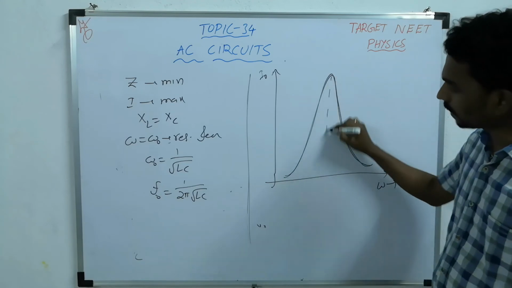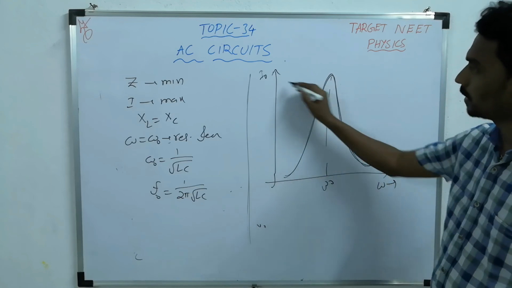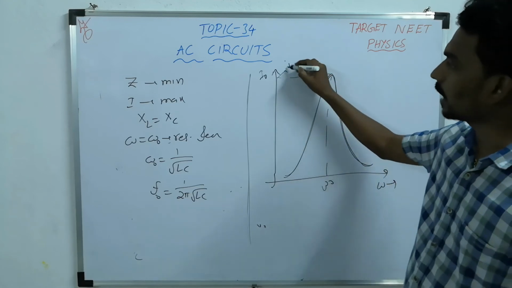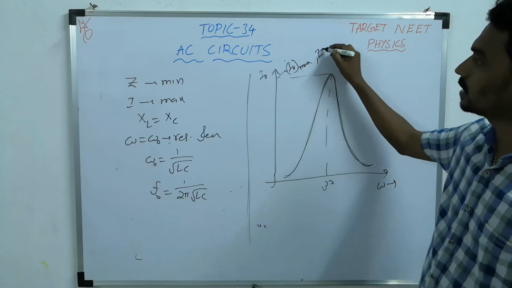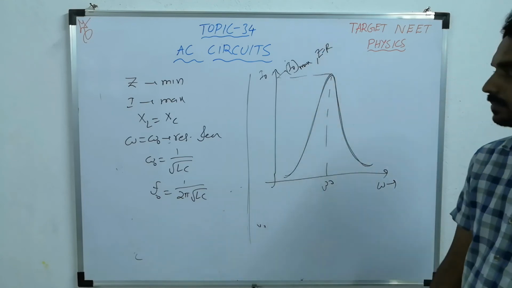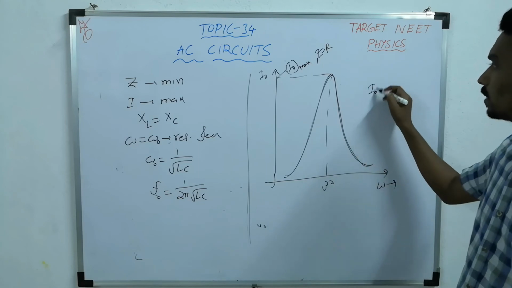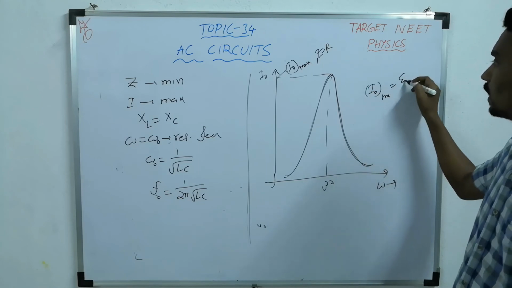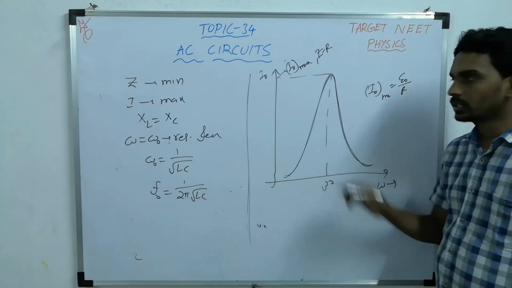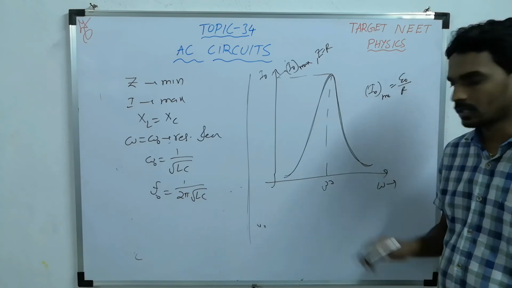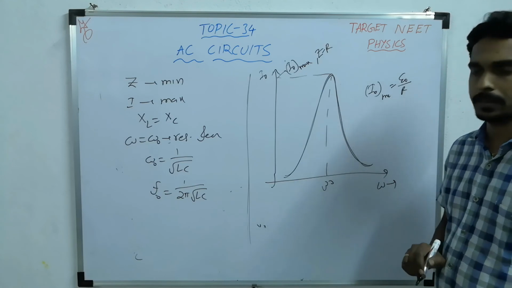At a particular value omega naught, it becomes maximum. This is I naught maximum, where Z is equal to how much? R, minimum. So I naught maximum is epsilon naught by R. That corresponding frequency is the resonant frequency.